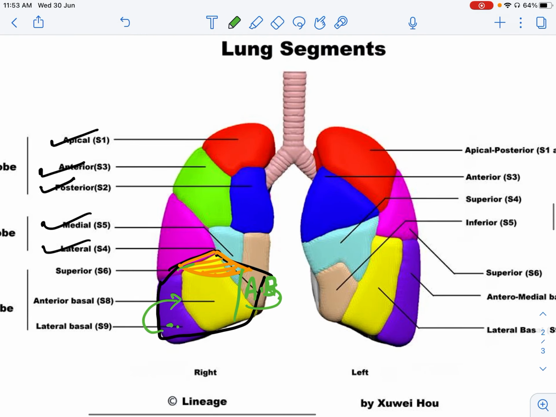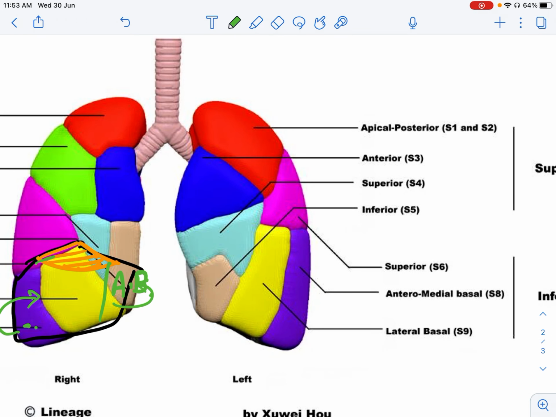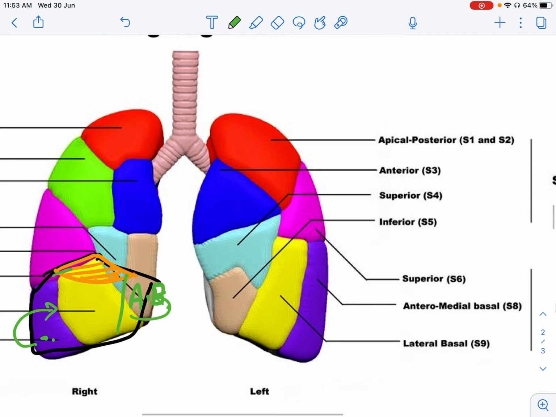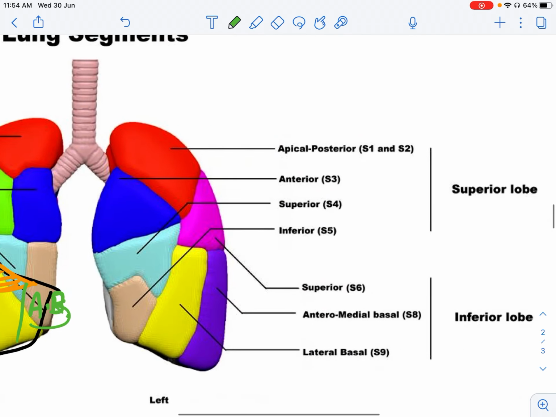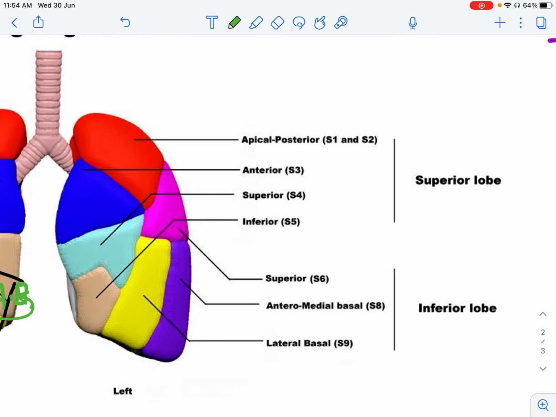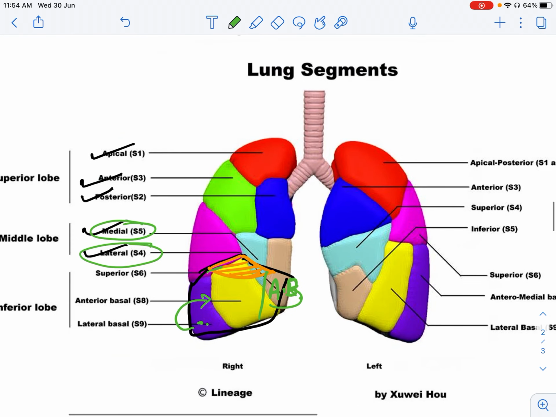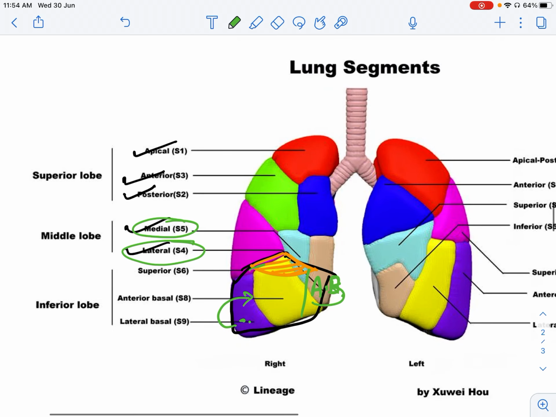Okay, same thing happens on the left side. The only difference is that we don't have the middle lobe in the left lung. Anatomically it corresponds to the lingular lobe of the upper lobe. So the medial and lateral part of the middle lobe, we replace them with superior lingular and inferior lingular.